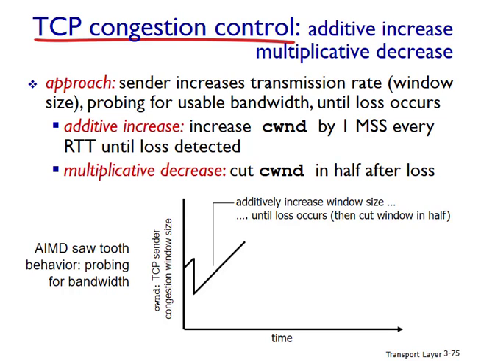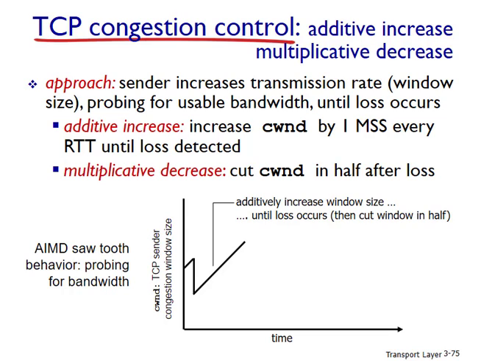Then, roughly, at the beginning of every round-trip time, the constraint permits the sender to send CWND bytes of data into the connection. At the end of the round-trip time, the sender receives acknowledgements for the data. Therefore, the sender's send rate is roughly CWND divided by round-trip time, or RTT, in bytes per second.